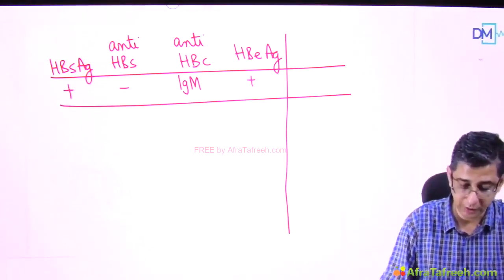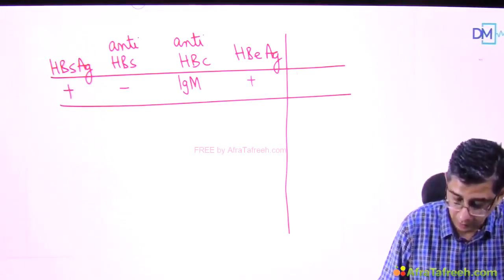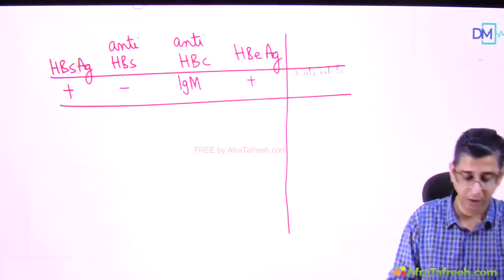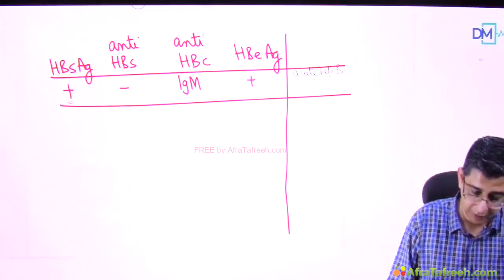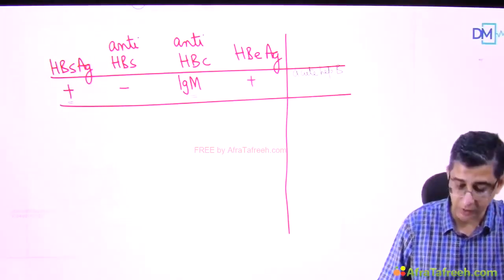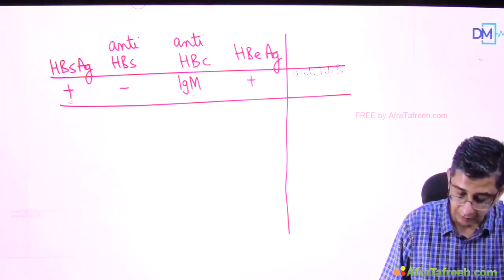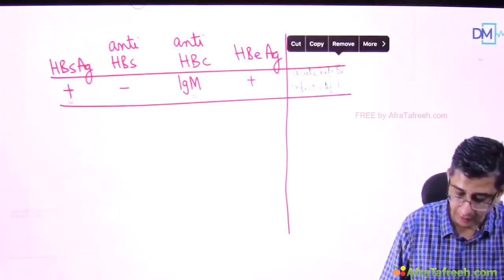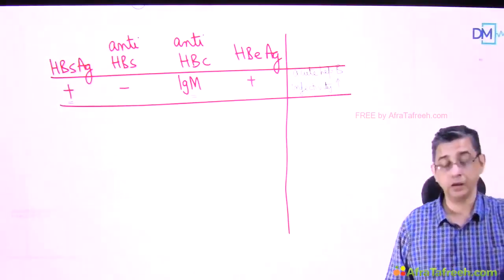So you will answer that this person is having acute Hep B. For diagnosis of acute hepatitis B, you have to see two things in the blood: surface antigen positivity and IgM class of antibody. So both are positive, acute hepatitis B. And because E antigen is positive, the infectivity of this particular individual to sexual partner as well as to doctor nurse handling the blood sample is definitely increased or exaggerated.